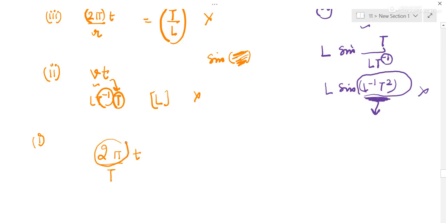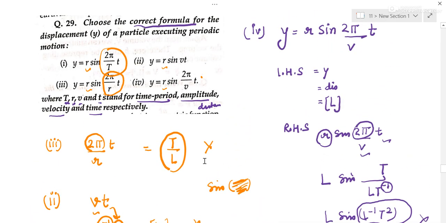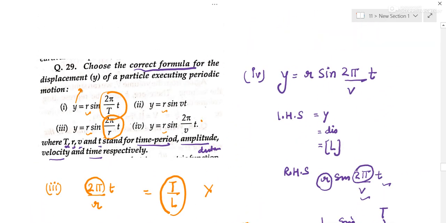So 2 pi is dimensionless, time will be cancelled. So yes, it is coming 1, that is dimensionless. So sine portion should be dimensionless. It is coming here. So first part is correct. First equation is dimensionally correct. This is L, this is L, this is dimensionless.